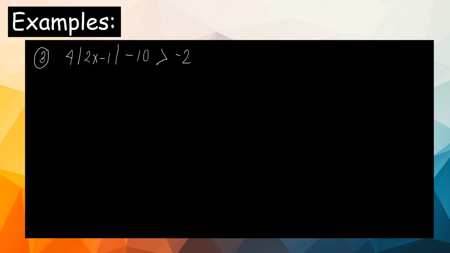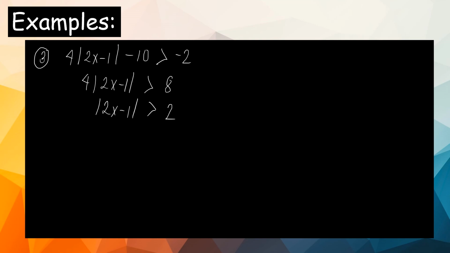So that would be negative 2 plus 10. So we will only have now 4 times the absolute value of 2x minus 1 is greater than negative 2 plus 10, which is 8. Next, let's divide both sides by 4. So this one will only be 2x minus 1. And then 8 divided by 4, that is 2.